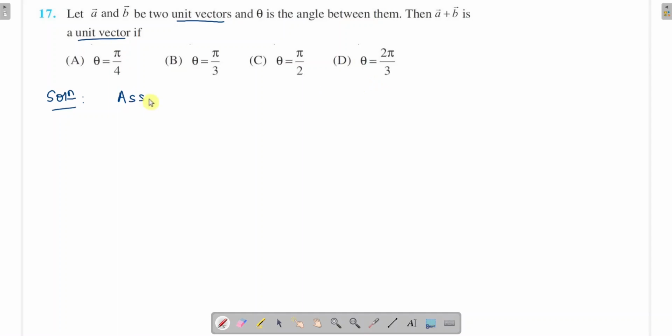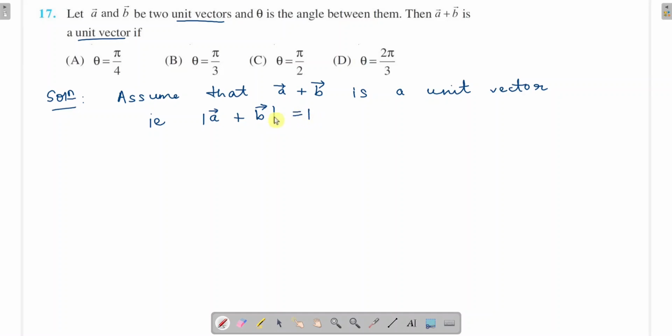So assume that a bar plus b bar is a unit vector. That is, magnitude of a bar plus b bar is equal to 1, because a bar plus b bar is a unit vector. Now we will square both sides.